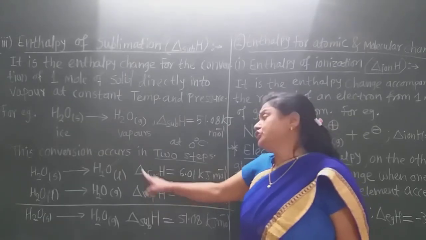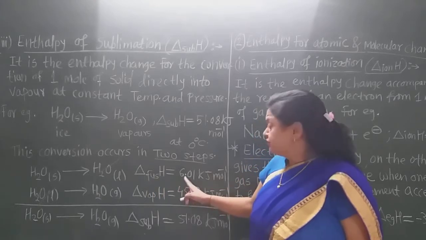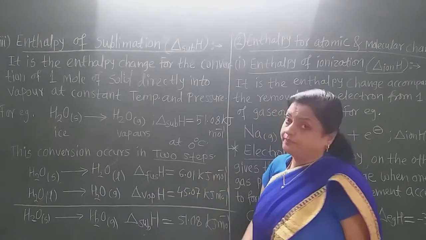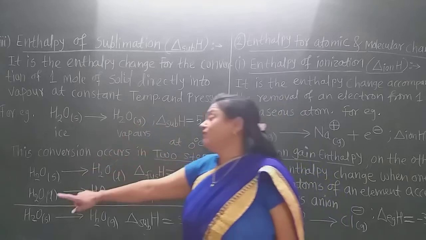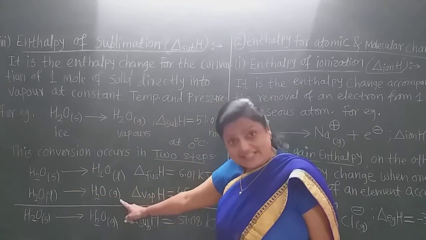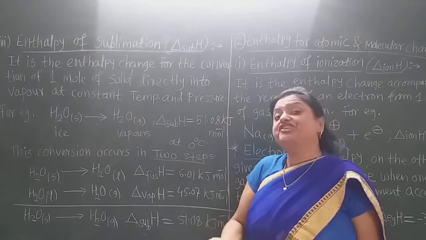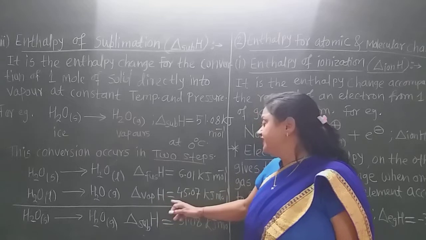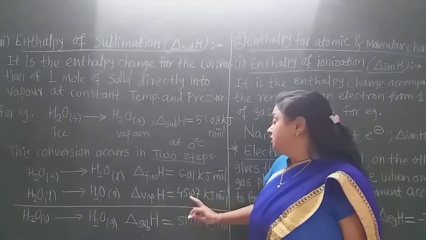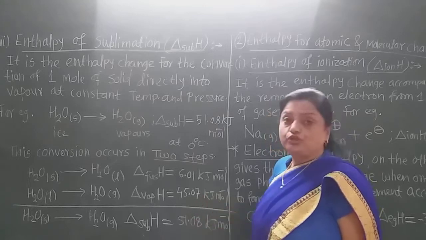Fusion, because solid is converted to liquid. So the enthalpy of fusion is found to be 6.01 kilojoule per mole. When liquid water converts into gaseous water, that is water vapor, it is the enthalpy of vaporization, delta vaporization H. At that time the heat absorbed is 25.07 kilojoule per mole.